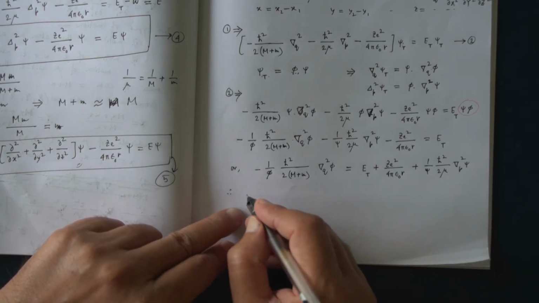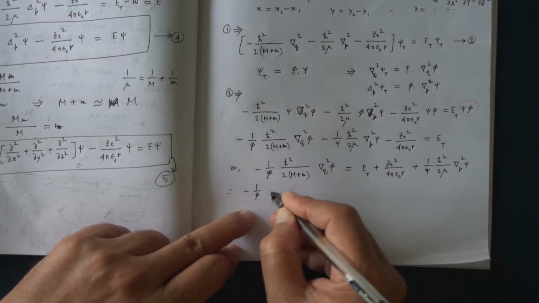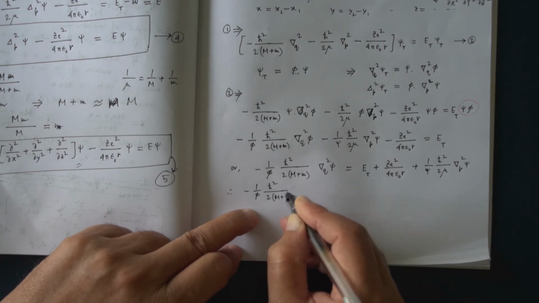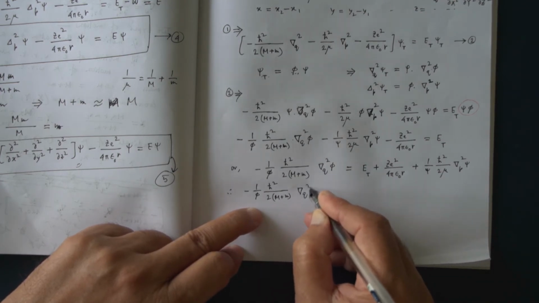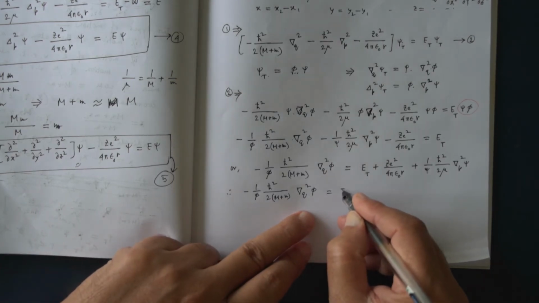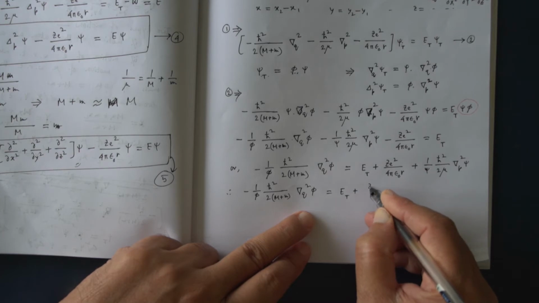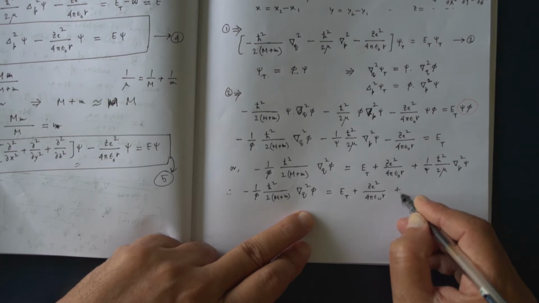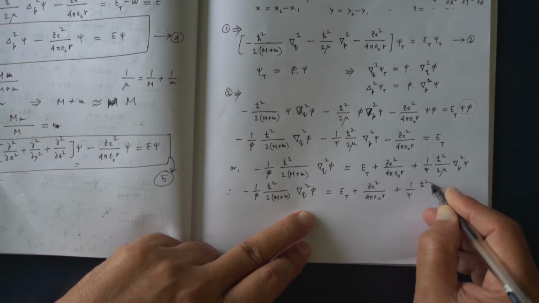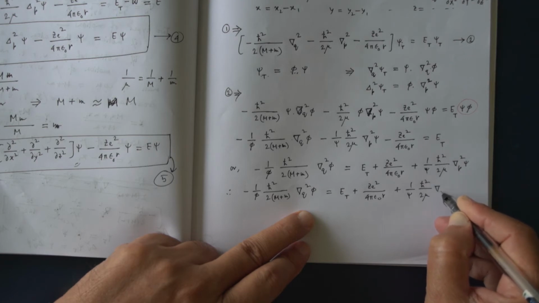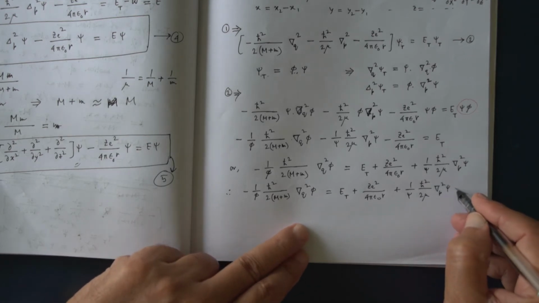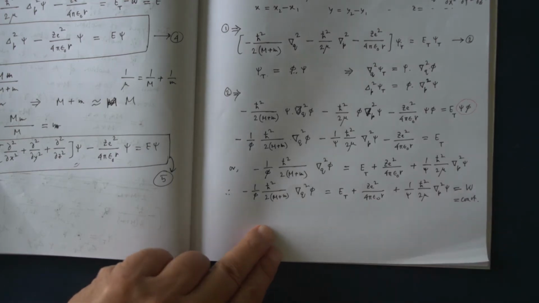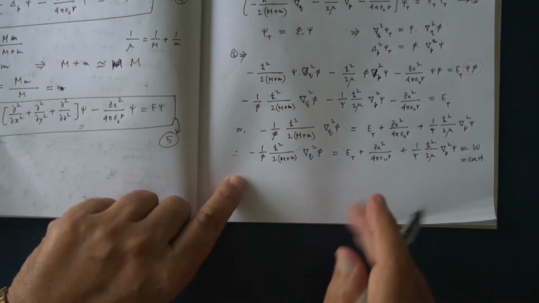Since they are equal, minus 1 by phi h bar square by 2m plus m del q square phi equal to et plus z e square by 4 pi epsilon naught r plus 1 by psi h bar square by 2 mu del p square psi, so that is equal to some constant, say w. That is constant. So we are getting two equations.